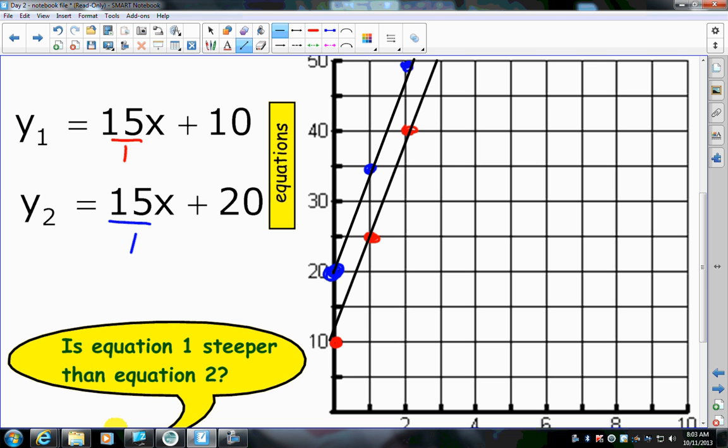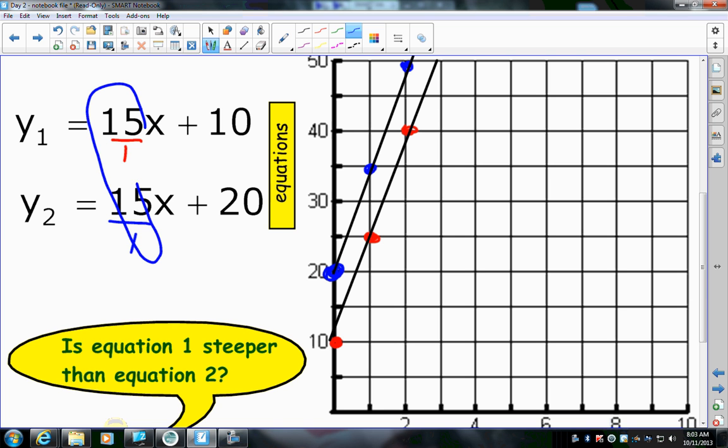What happened to my line? Are they steeper? Did the steepness change? So one's flatter than the other? No, the steepness is only affected by the slope. These are the same. These are parallel lines. Yeah, the steepness stayed the same.